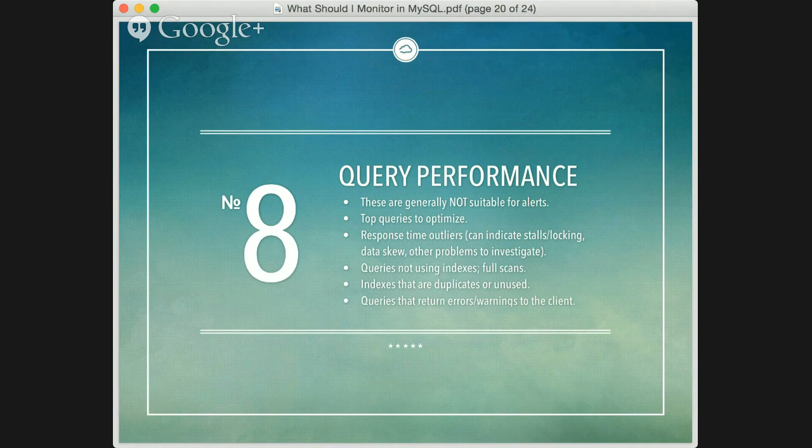It's so easy as a programmer to miss an error condition that comes back to your program, and you either don't catch the error, or you don't log it. And so it can be pretty easy to miss those kinds of things, unfortunately. And it can be from any kind of a thing, from a syntax error to a privilege error: you don't have privileges to run that query or something like that.